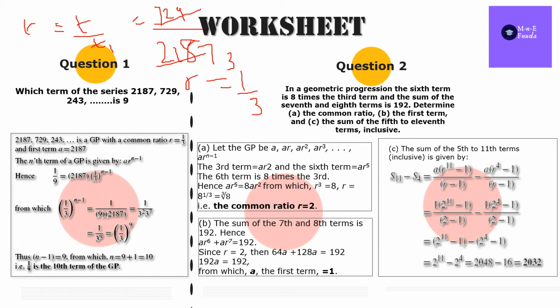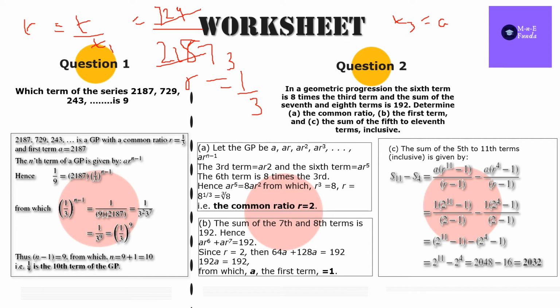So here the third term equal to AR square, and the sixth term is AR to the power 5, because you know how to find a term: T3 equal to AR to the power 3 minus 1, that is AR square.